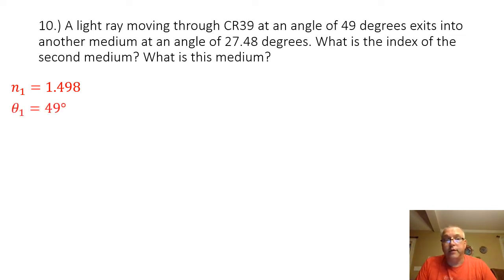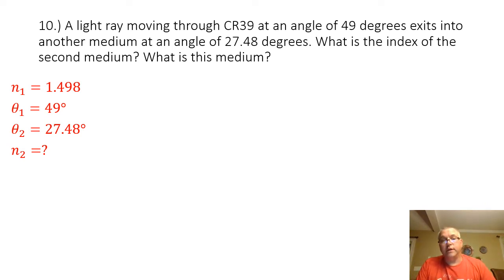My angle of incidence, theta 1, is 49 degrees. My angle of refraction, theta 2, is 27.48 degrees. And I'm looking for the index of refraction for the refractive medium, or N2.